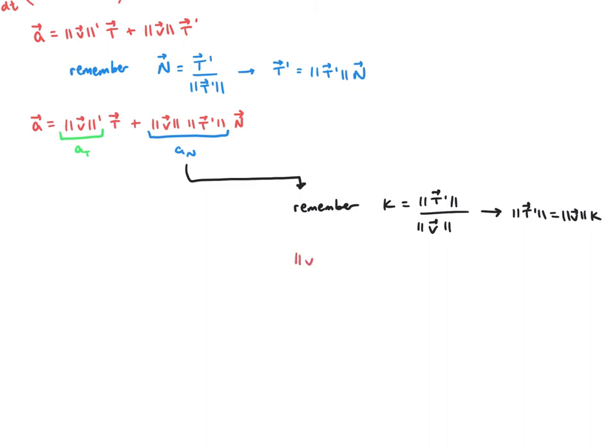Instead of the magnitude of v multiplied by the magnitude of t prime, I'm going to write it as the magnitude of v multiplied by the magnitude of v multiplied by the curvature, which is obviously the magnitude of v squared multiplied by the curvature. In your notes, this formula is actually written in there. So we've actually gotten into the first formula that the book provides. And again, we could use this formula. There's nothing wrong with that.